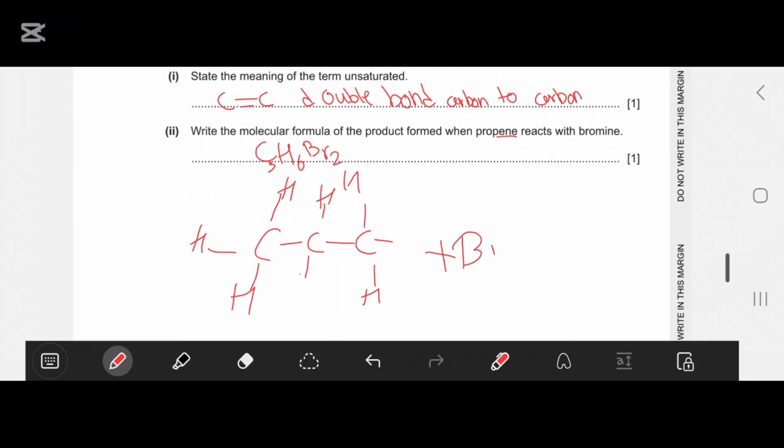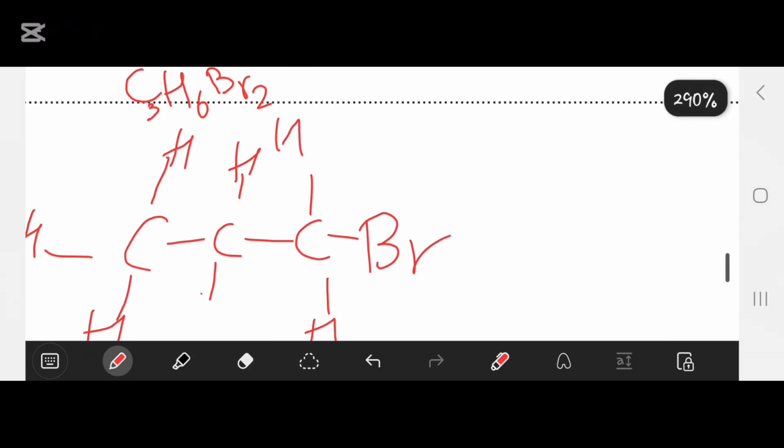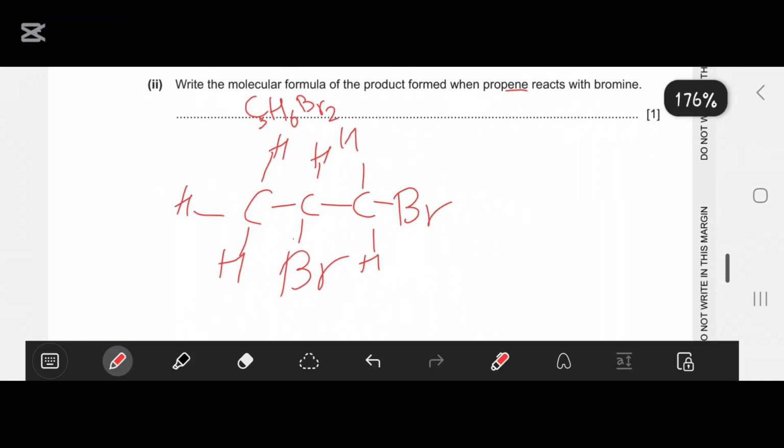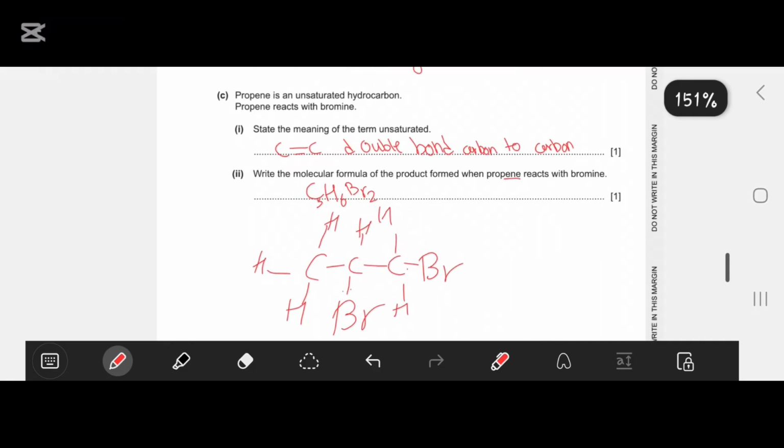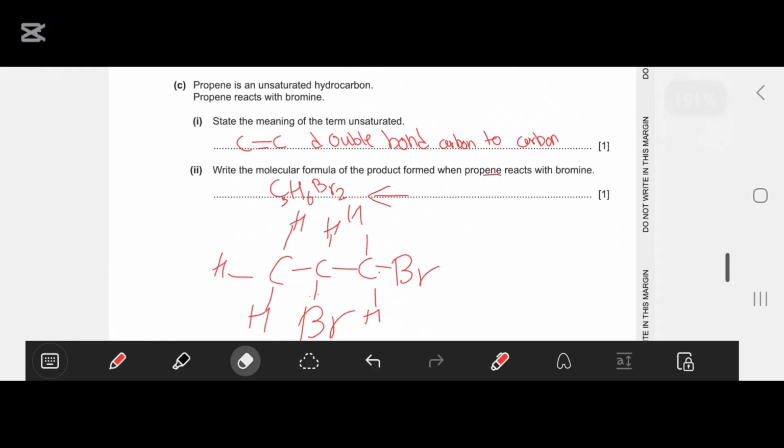It will react with bromine, so the bromine will take the empty places, for example here or here. So now we have dibromo. The bromo is on carbon number 1 and 2, so 1,2-dibromopropane, like this one.